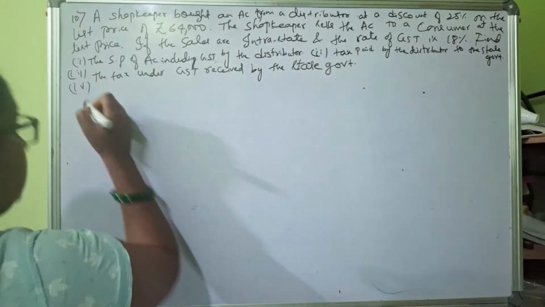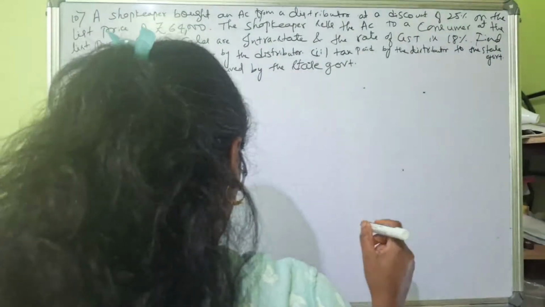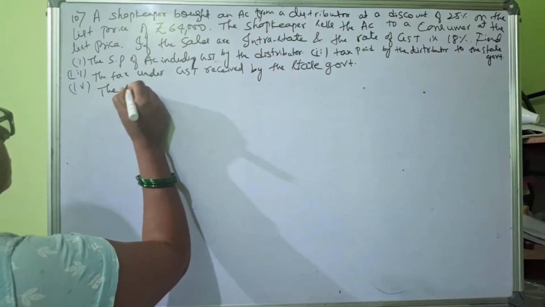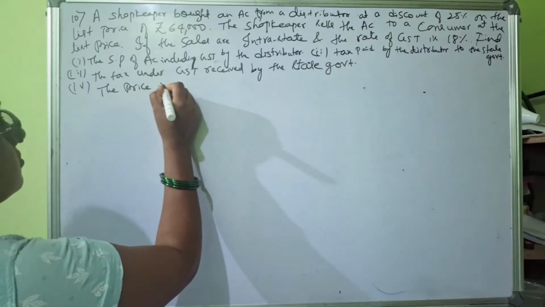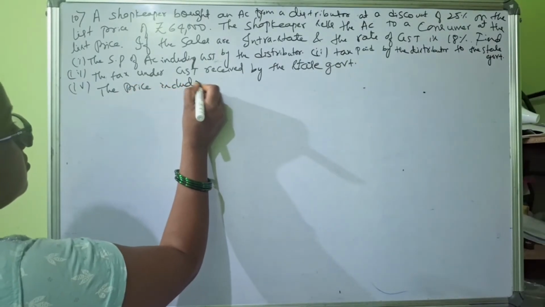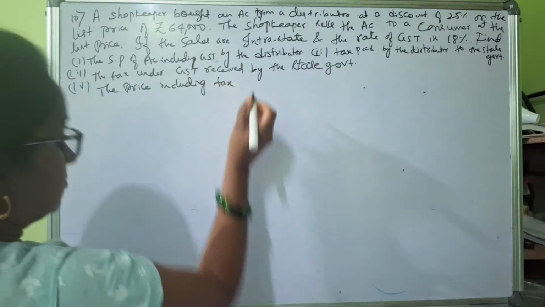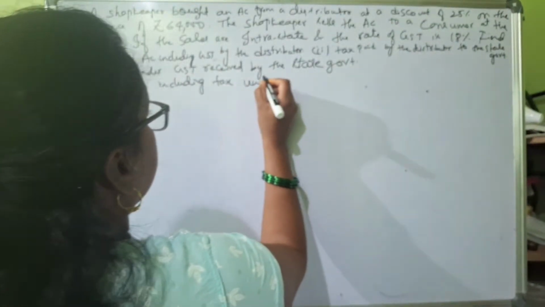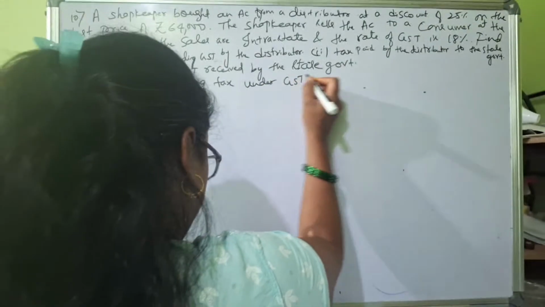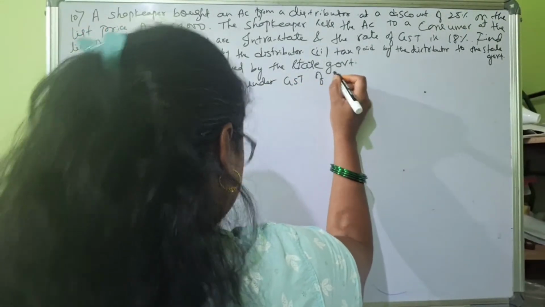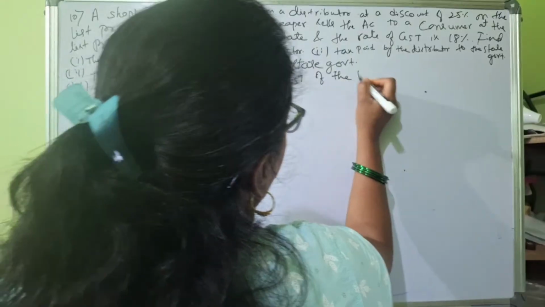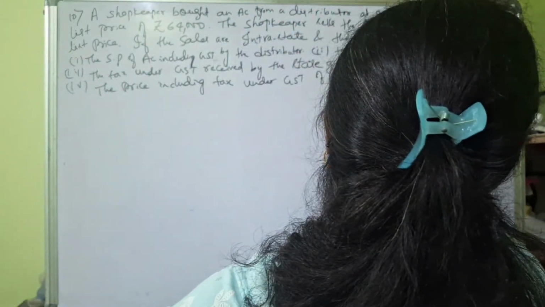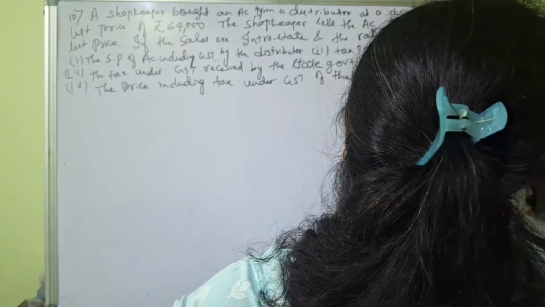And the fourth question is, the price including tax under GST of the AC paid by the consumer.